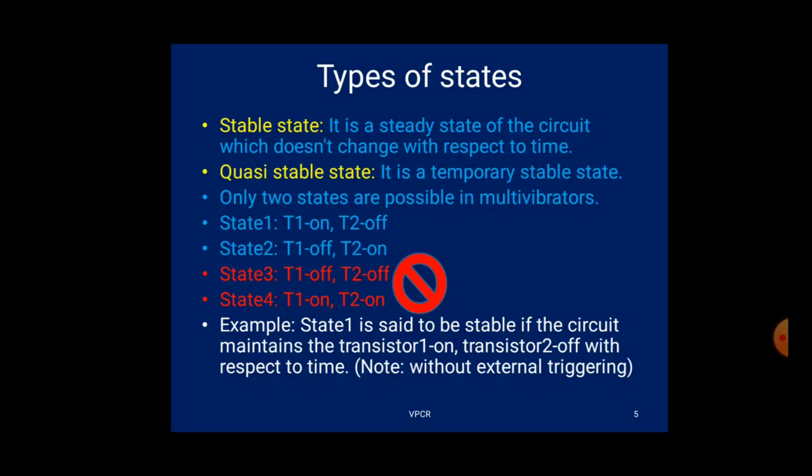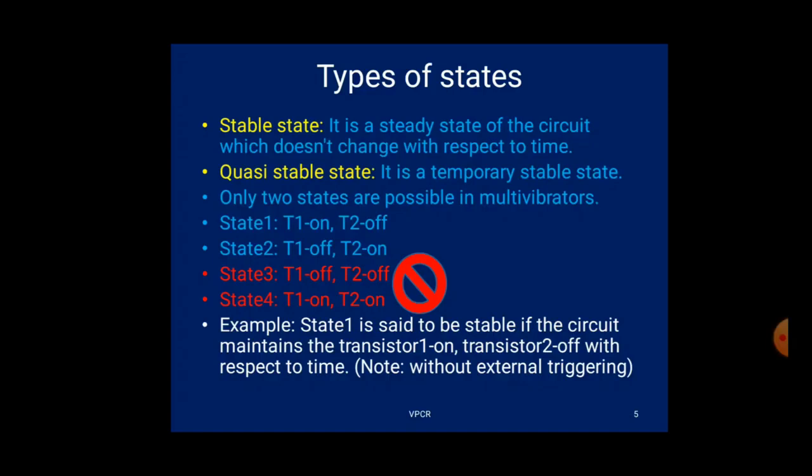So now you have to understand that the multivibrator has two states, state 1 and state 2. Both can be stable states, or both can be quasi stable states, or one will be a stable state and one will be a quasi stable state. Based on this combination you are going to classify the multivibrators.